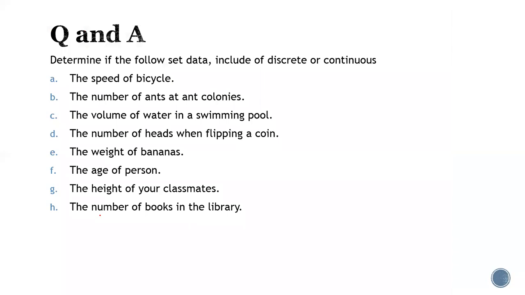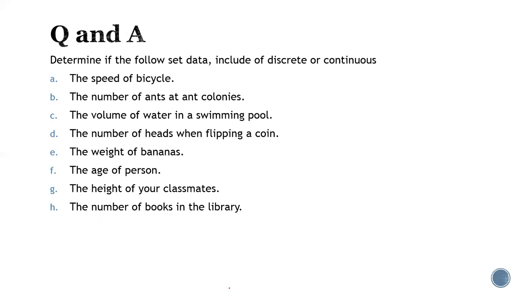Now we're going to question and answer. Determine if the following data sets include discrete random variables or continuous random variables. A, the speed of a bicycle. I think this includes continuous random variables, because we got the data through measurements, right?